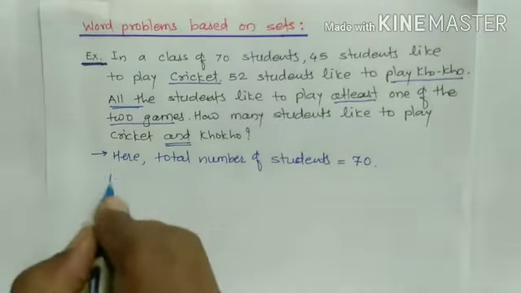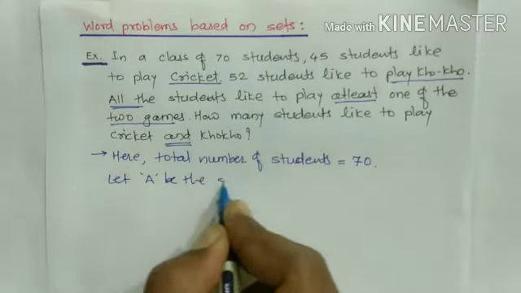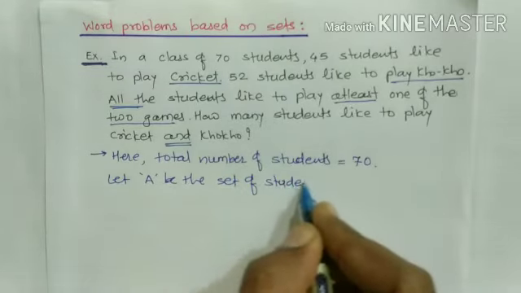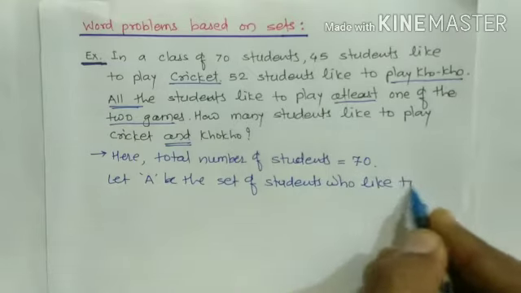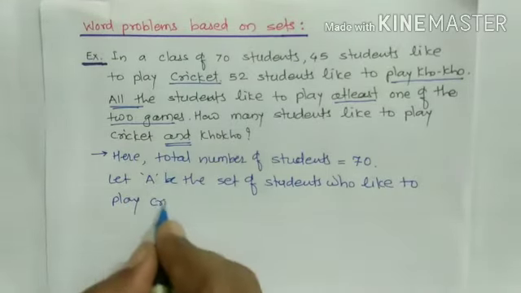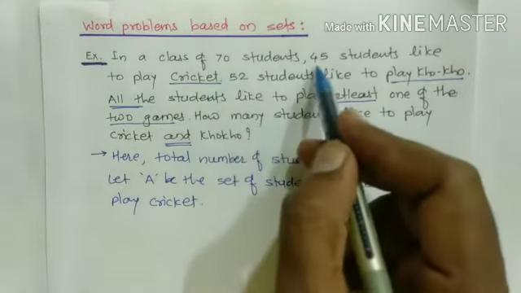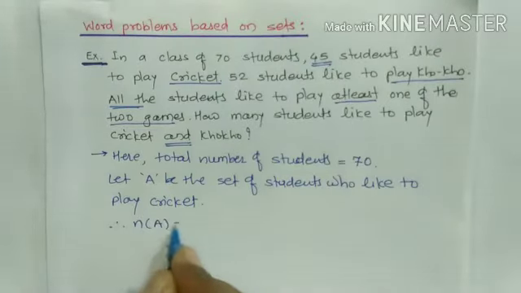Then let A be the set of students who like to play cricket, and here the number of students who like to play cricket is 45. Therefore number of A equals 45.